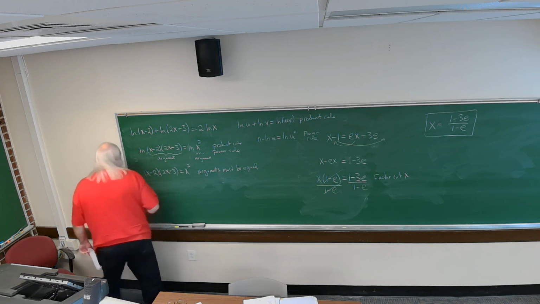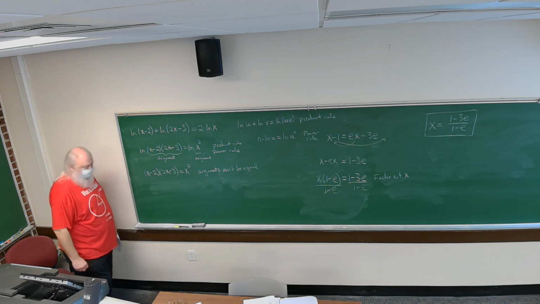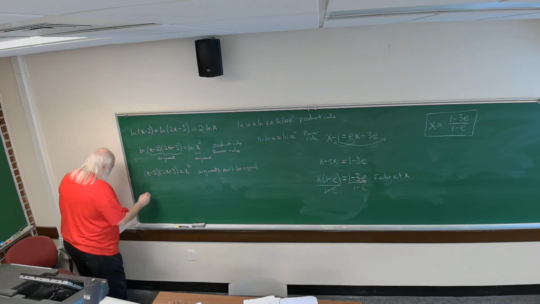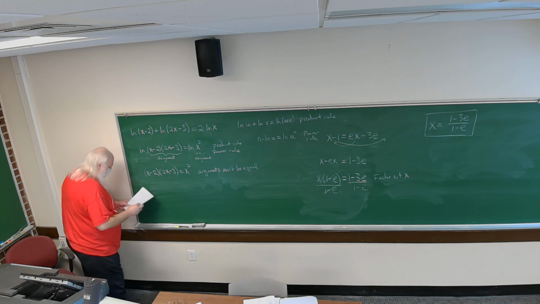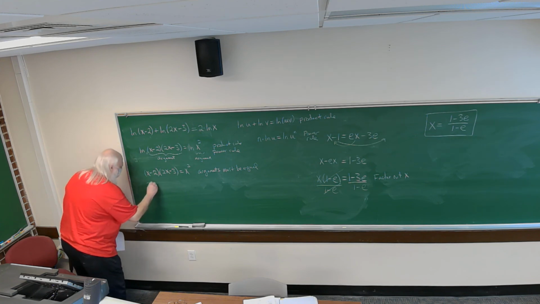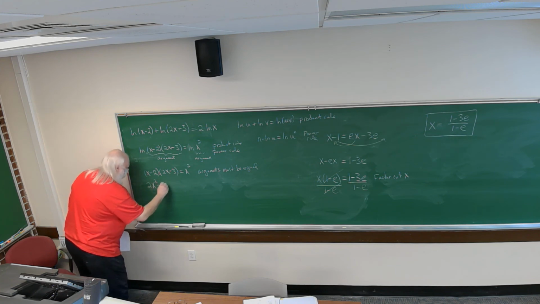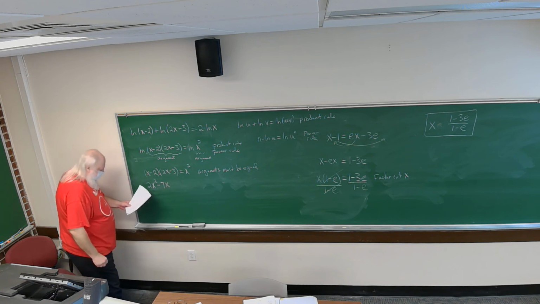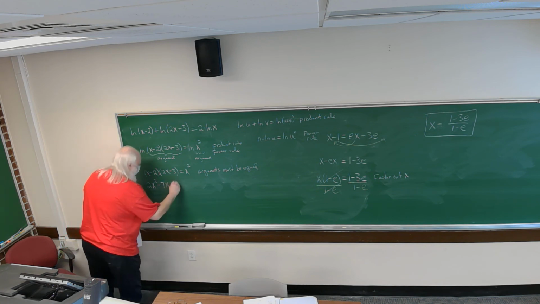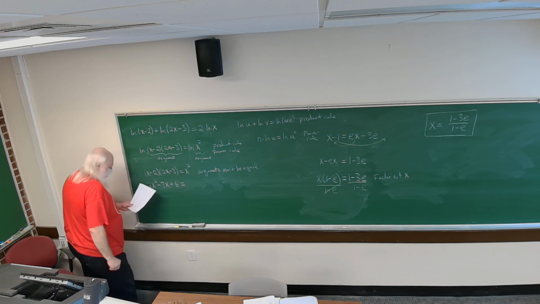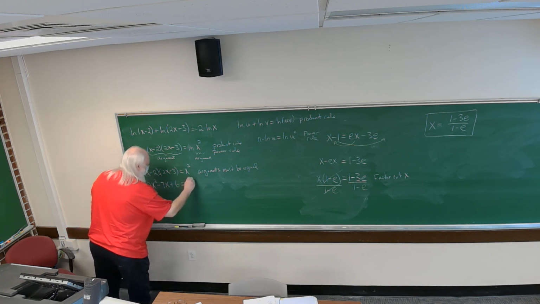And now when I FOIL the left-hand side, I get 2x squared minus 7x plus 6 is equal to x squared.